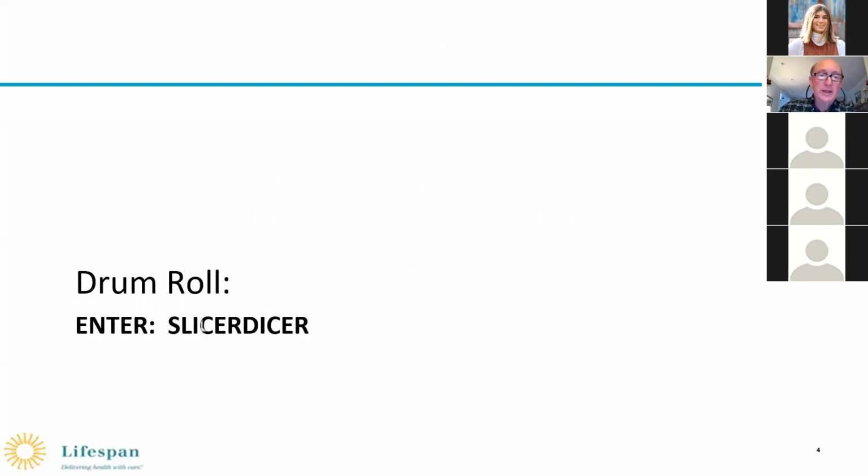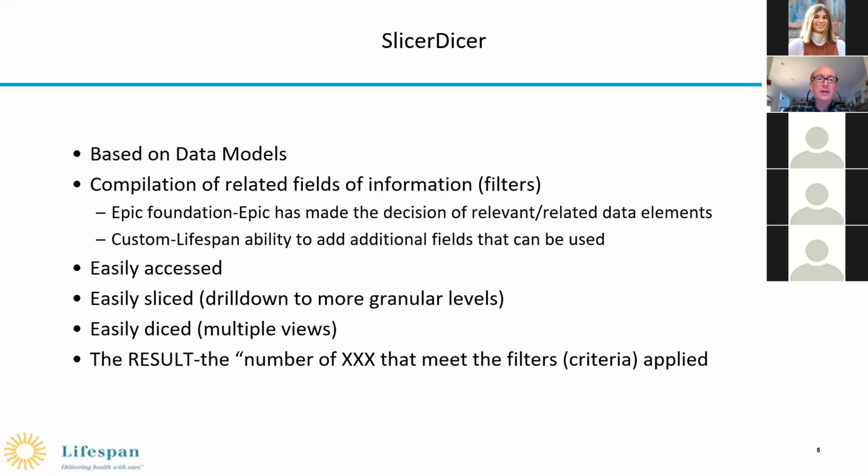So enter SlicerDicer. Again, Epic's great name. So SlicerDicer is based on what are called data models. And really all it is, it's a compilation of fields. Most of you probably know that a database is made up of a number of fields and tables and whatnot.